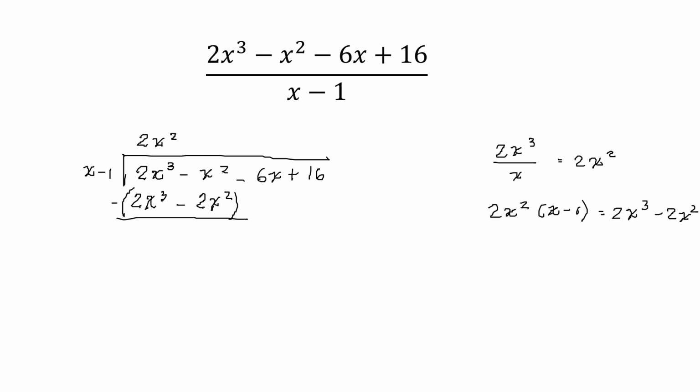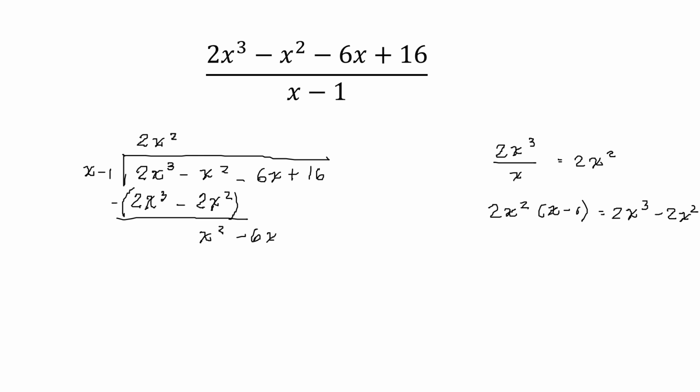Negative x squared plus, because this is negative, so that's practically 2x squared minus x squared. That would give us x squared. Next thing we have to do is to bring down the next term, minus 6x.